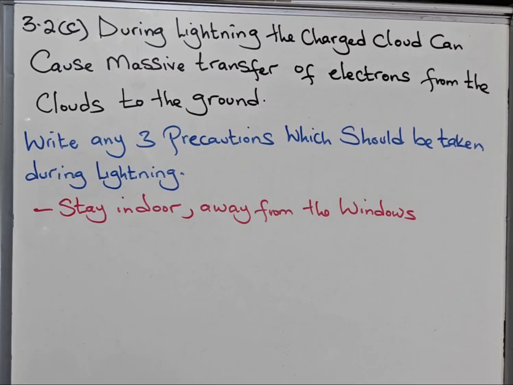Lightning normally strikes the highest point. So the chances are very high that if you are near the tree and it's the tallest around, when lightning comes, it will strike it. Being under the tree might be catastrophic. So avoid tall structures, avoid standing under the tree.